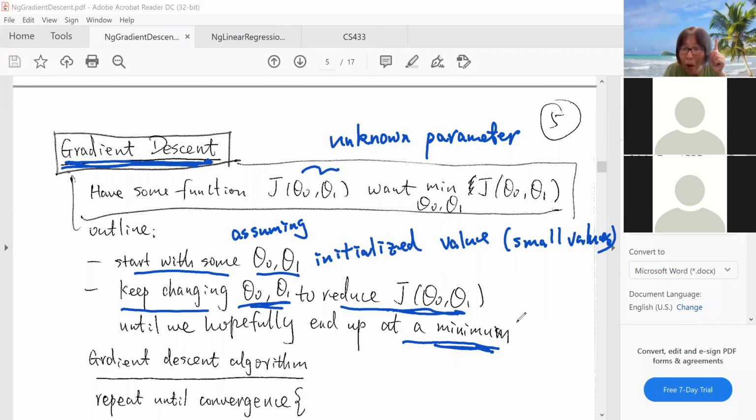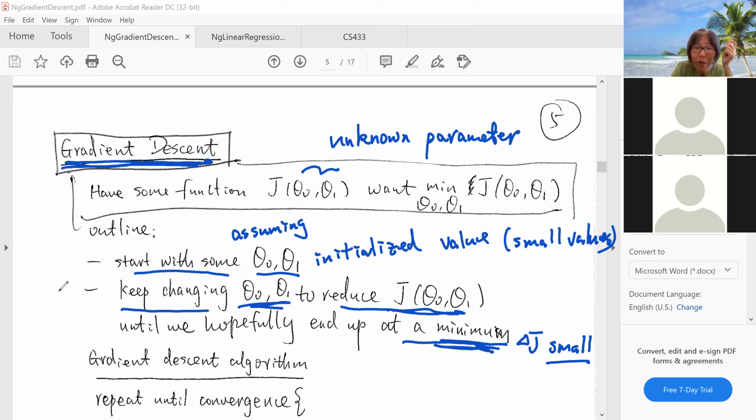How do we decide? That means each time the cost update is very, very small, then you can assume it's getting close to the minimum point. So this idea, we call it gradient descent.